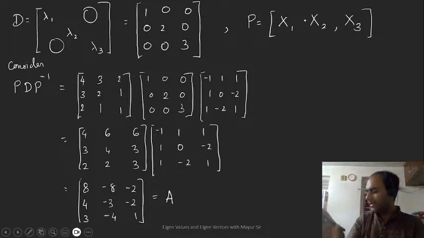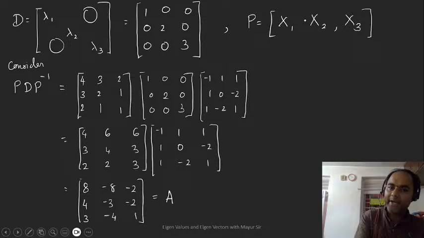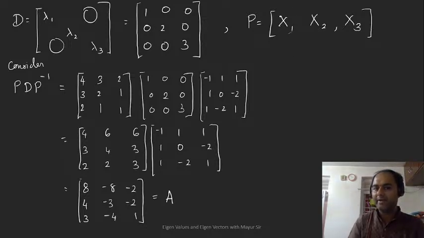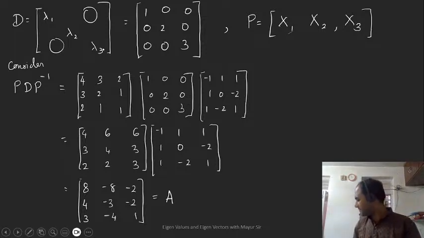You write the eigenvectors the way you got them, and corresponding to that, if the first eigenvector is x1, then the first value in the diagonal will be lambda 1. If the second vector is x2, then the eigenvalue will be lambda 2. If the third vector is x3, then the third eigenvalue on the diagonal will be lambda 3.